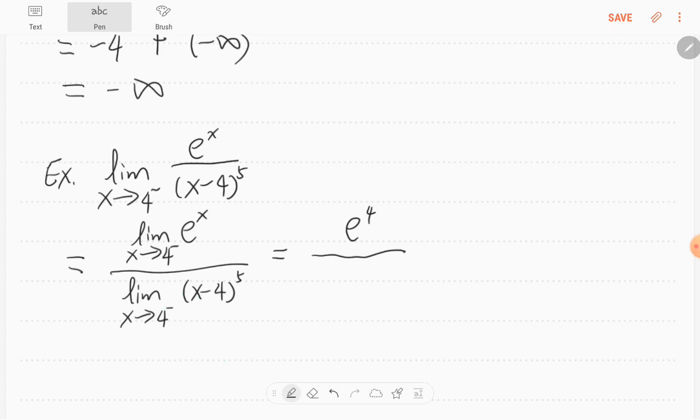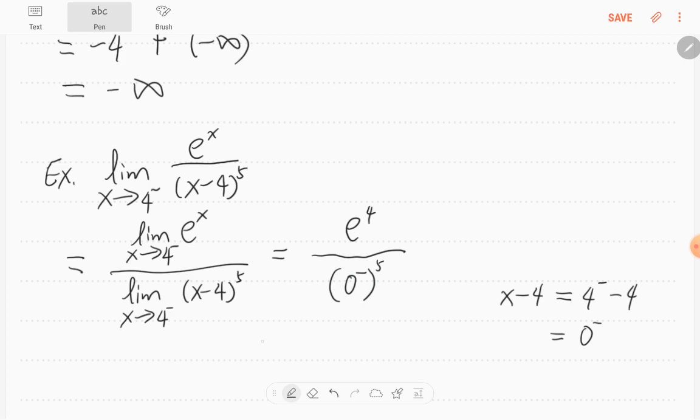As x approaches 4 minus, that means close to 4, but less than 4. So x minus 4 would be 0 minus, close to 0, but less than 0, raised to the fifth power.